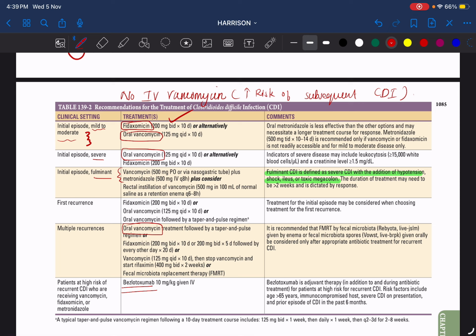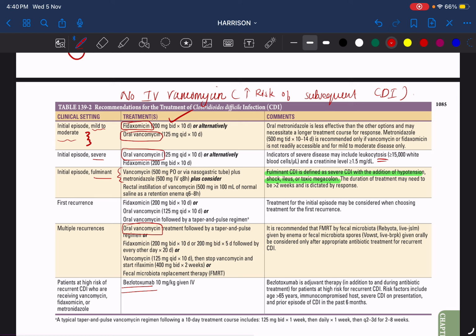Suppose it is an initial severe episode; we always go for oral vancomycin, which is preferred over oral fidaxomicin. Indicators of severe disease are leukocytosis and raised creatinine. If the initial episode is fulminant, remember, there is no role of fidaxomicin. We go for either oral vancomycin or oral vancomycin along with IV metronidazole.